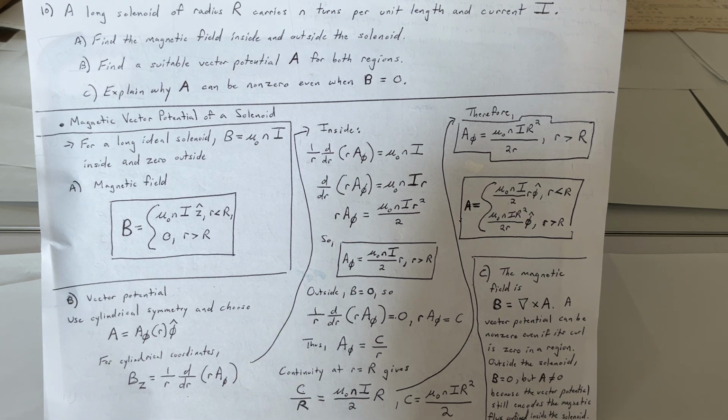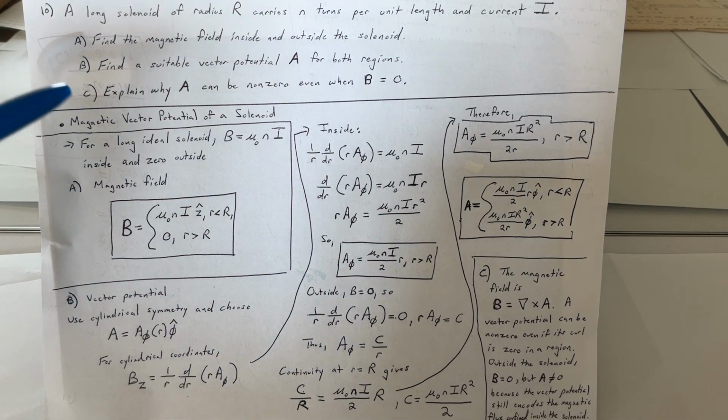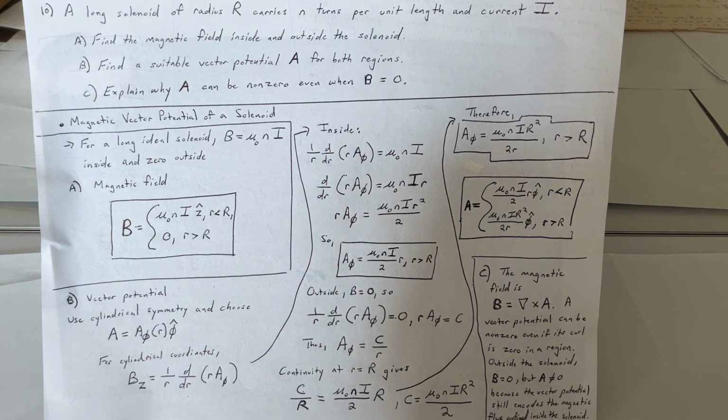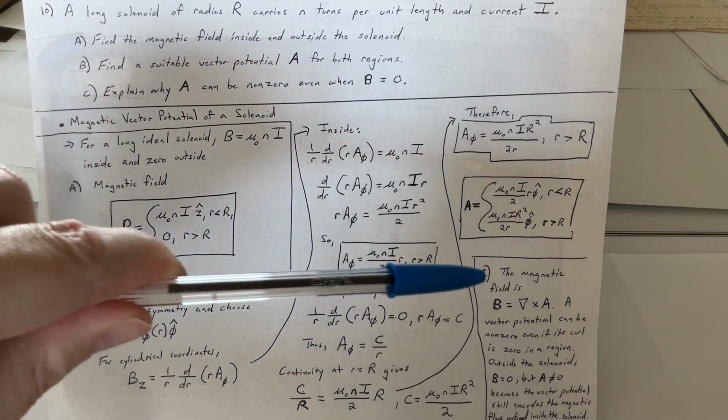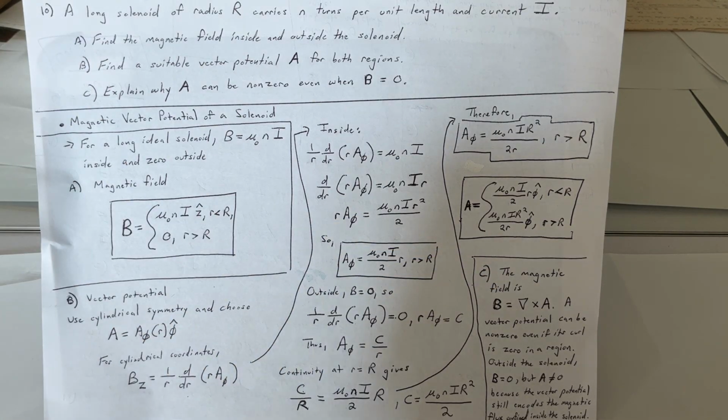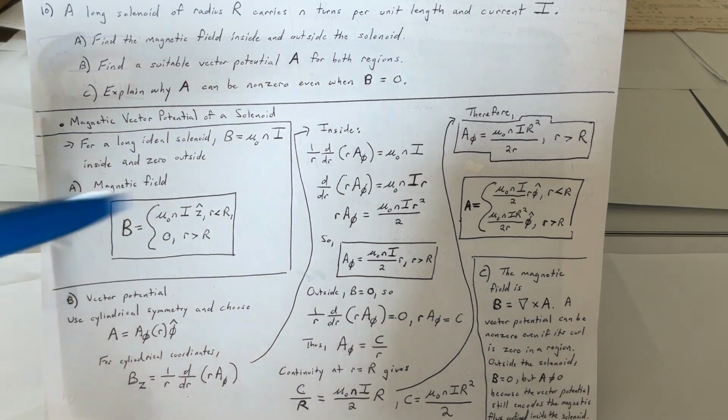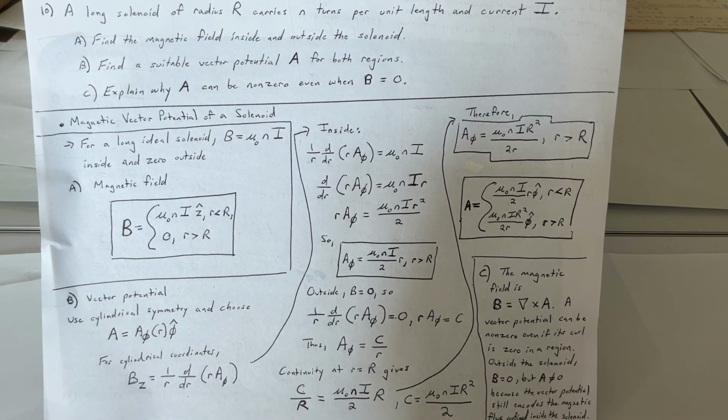Okay, so let's see here. Part C, we want to explain why A can be non-zero even when the magnetic field B is 0. The magnetic field is B equals the del operator crossed with A. A vector potential can be non-zero even if its curl is 0 in a region.